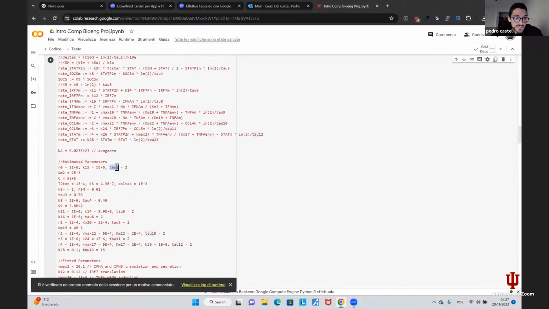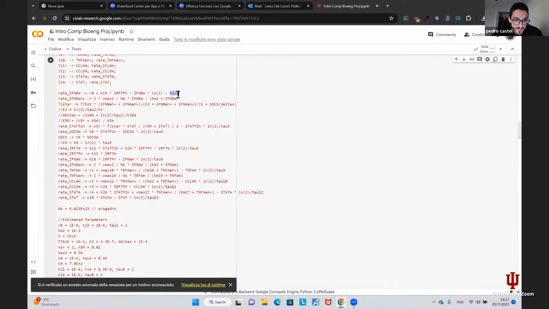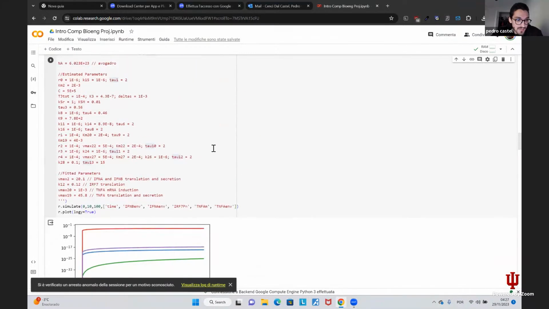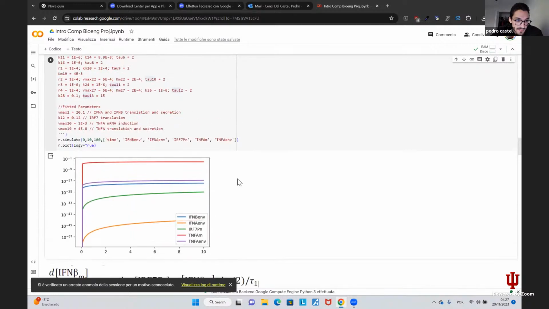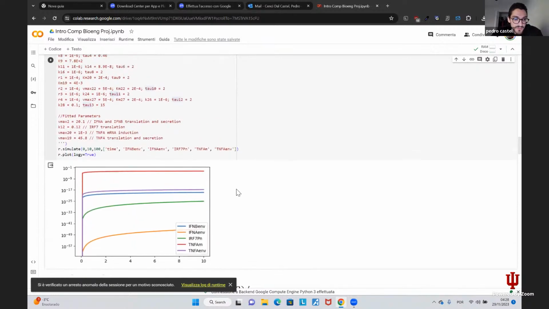So the syntax works, they are all named correctly. And this is the result. I had to use log scale in the y-axis because I couldn't see exactly what was going on, and I'm not sure if it's correct.